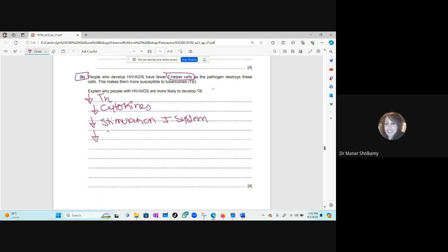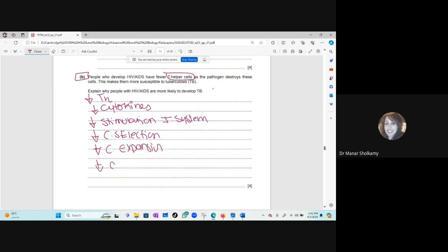So there is less clonal selection. The moment you mention that the immune system is going to be affected, then remember the normal actions of the immune system and mention that they will be affected. Normally, the immune system, when it is active, will do clonal selection, clonal expansion, and then differentiation. All this is going to be affected. So decreased clonal selection, decreased clonal expansion. These are keywords.